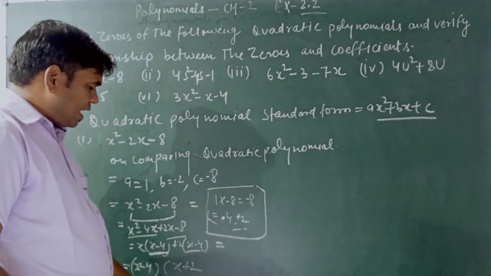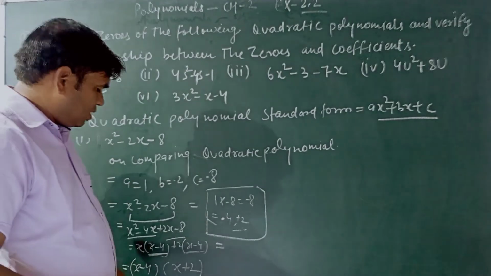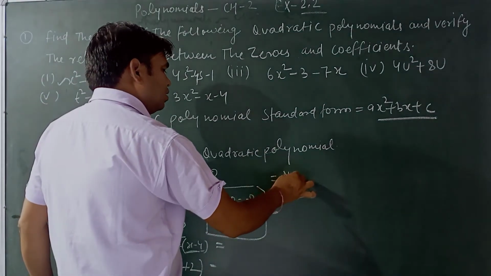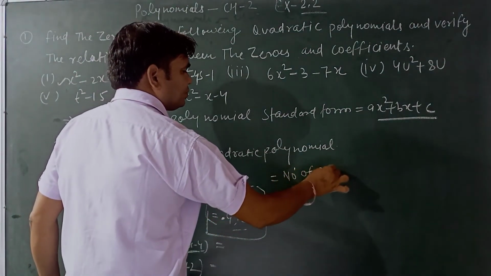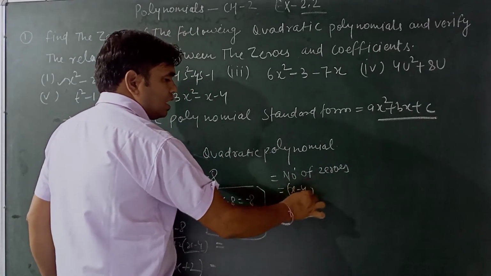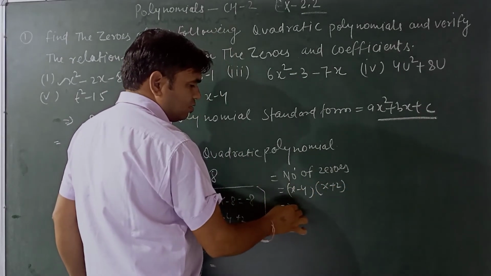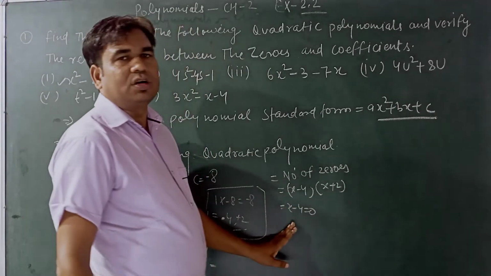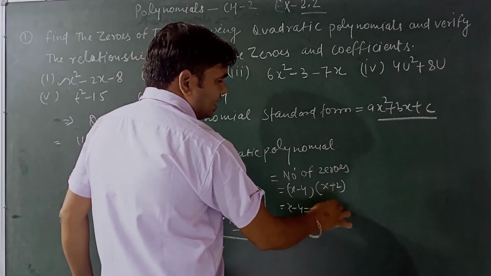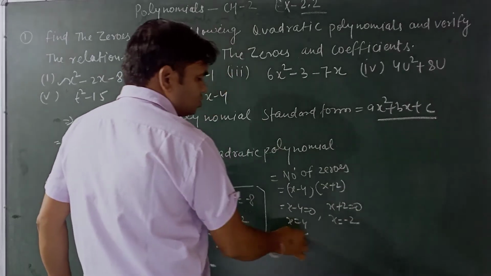To find the zeros, we put each factor equal to 0. So x minus 4 equal to 0 gives x equal to 4, and x plus 2 equal to 0 gives x equal to minus 2.